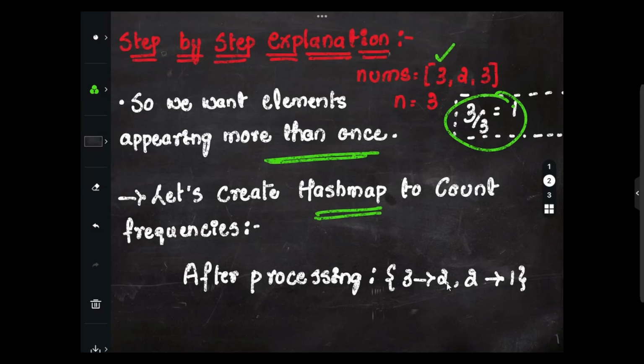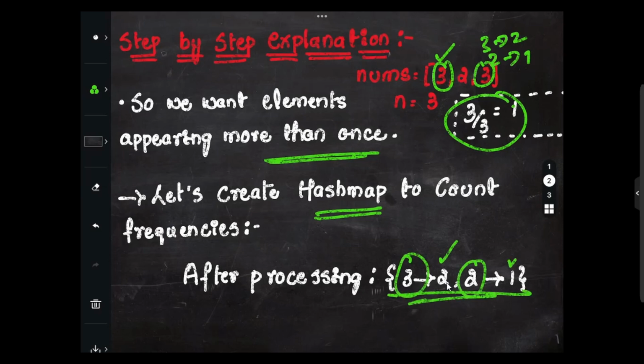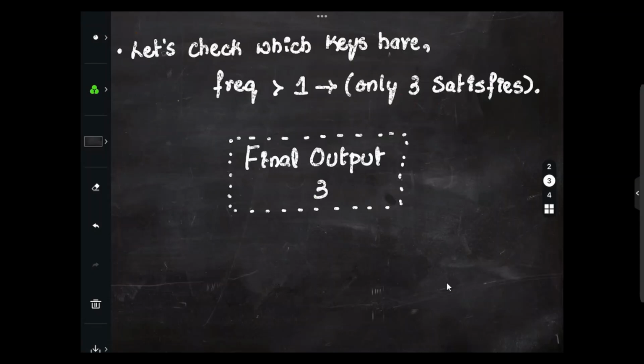We have 3 as a key with frequency 2, because 3 appears twice, and 2 as a key, which appears only once.